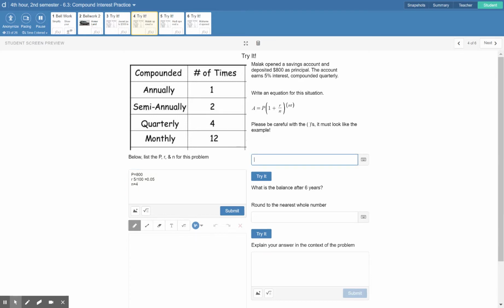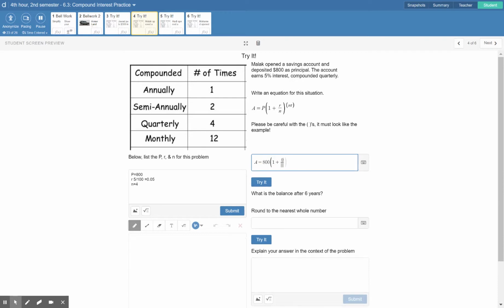So then we just plug it into the equation that is written for you. Make sure it not only is happening with the rate, but also it's getting put in the exponent. Now we want to know how much Malak has after 6 years.